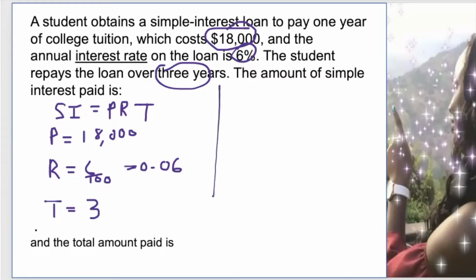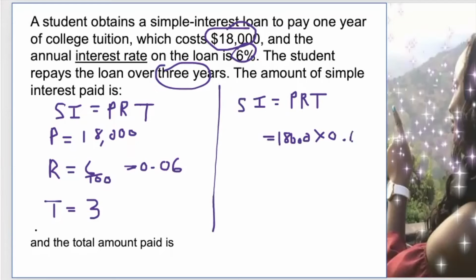Having this information, I can now substitute into the formula to find simple interest. So I will identify the components P, R, and T. P, that is $18,000. R, after converting it to decimal, it's 0.06.